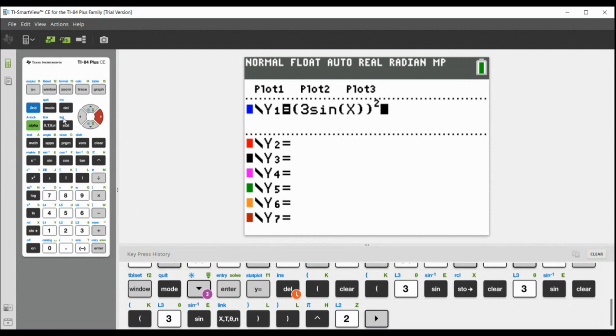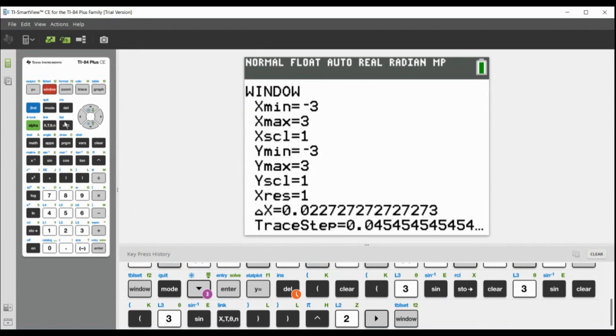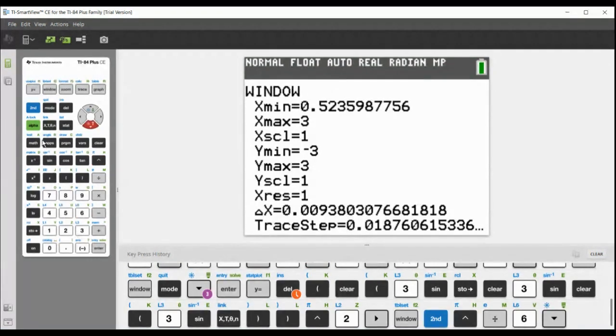And what I want to do is I'm going to look at that function where x min is pi over 6 and x max is 5 pi over 6.